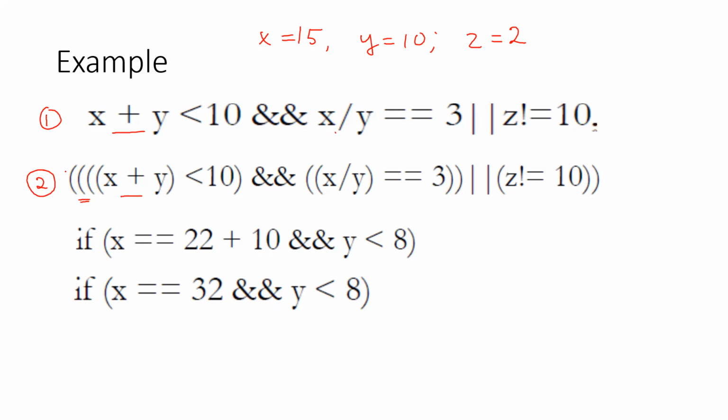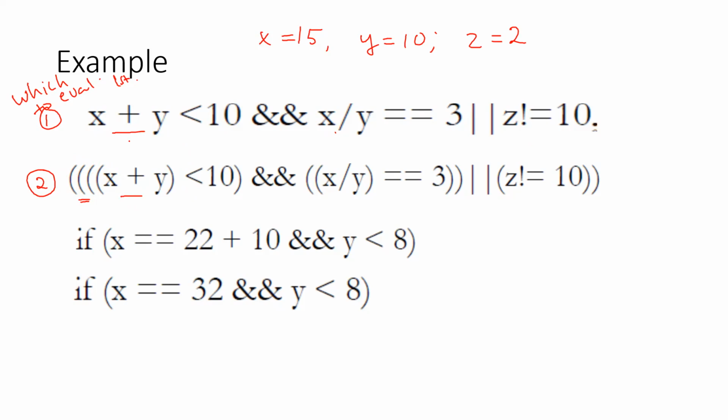This is just to show you which one to evaluate first. Actually, number 1 and number 2 are the same, but the parentheses make it easier to see which one to evaluate.